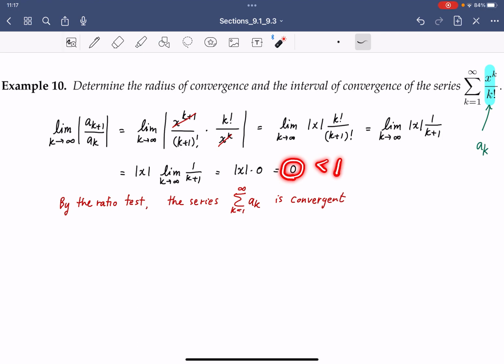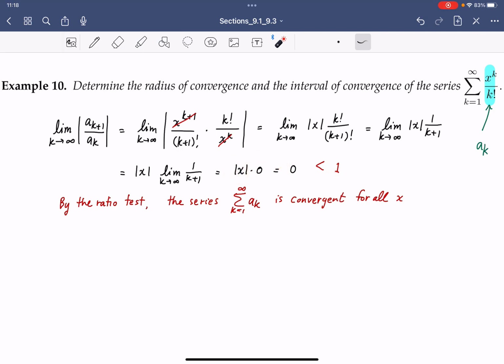The ratio test says that when the ratio that you compute between a k plus 1 and a k gives you something less than 1, the series is convergent. So it is convergent for all x, any x value. It doesn't matter what you put for x here, you always get 0. So it's less than 1.